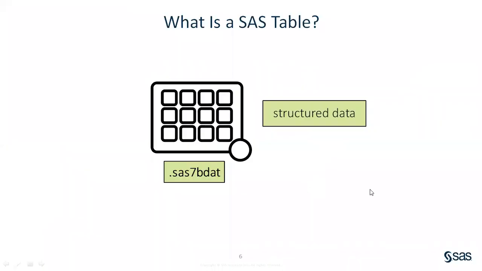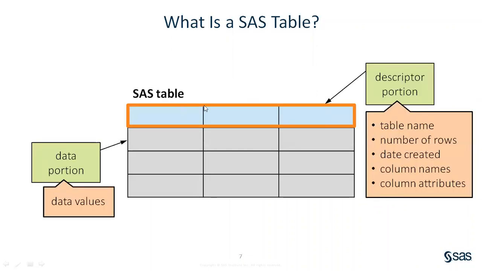So moving back to this slide, this is the SAS table. We know a table always has columns and rows, correct? When a SAS table has been created, the information related to columns, how many columns, what type of columns it has, that portion of a table is called the descriptor portion.